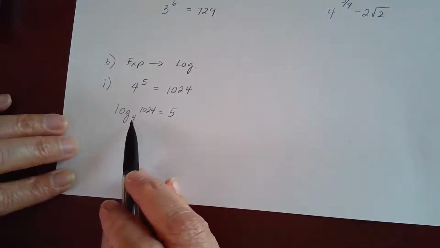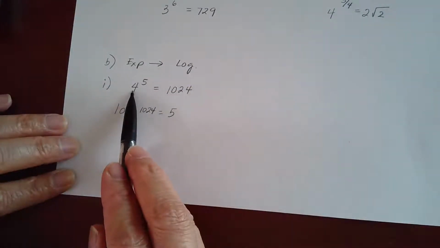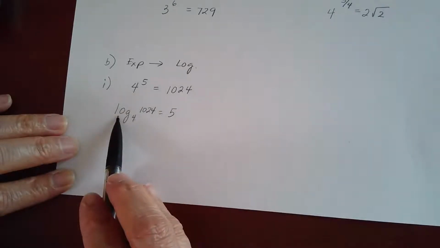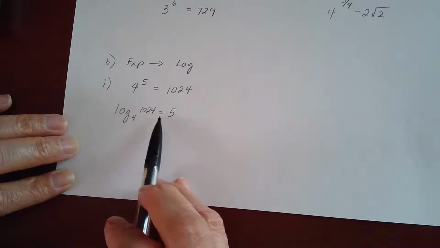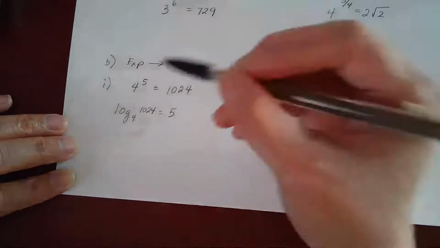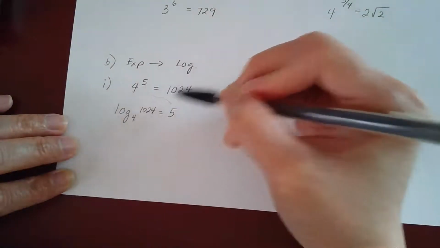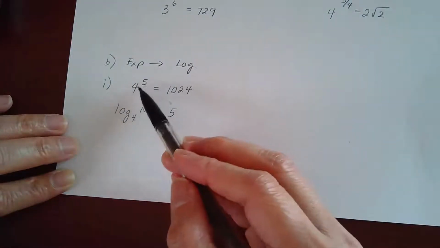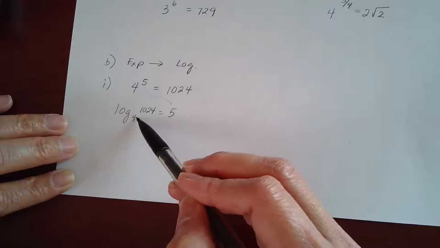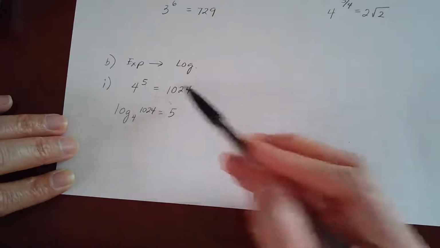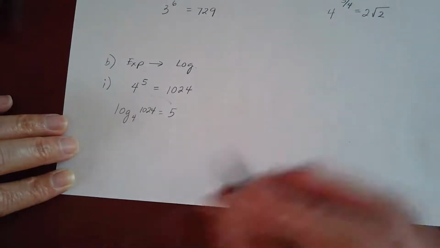So it means that log base 4 of 1024 is equal to 5. So the exponent 5 will be right there, the base of the exponent would be right there, and then 1024 is there.